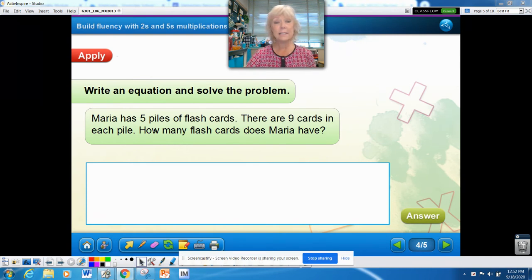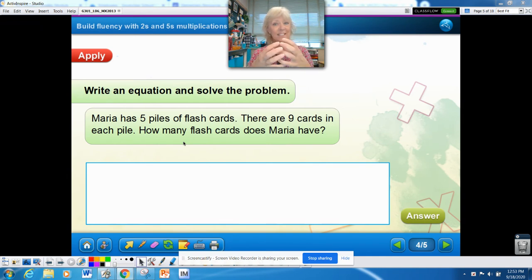Right? So here it says she has 5 and there is 9. So if we are writing an equation, we are going to take our numbers, and in this case, our operation, is it going to be addition, subtraction, multiplication, division?